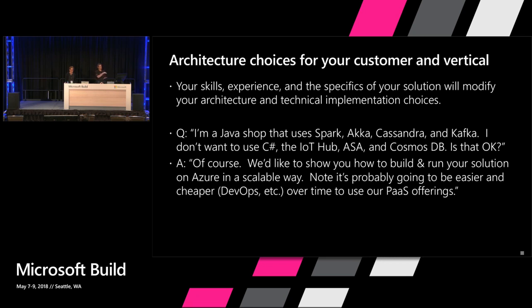It ties back to my first bullet here, which is that your skills, experience, and your specific solution will change, or can and should change, the architecture that I'm going to walk you through in just a minute.